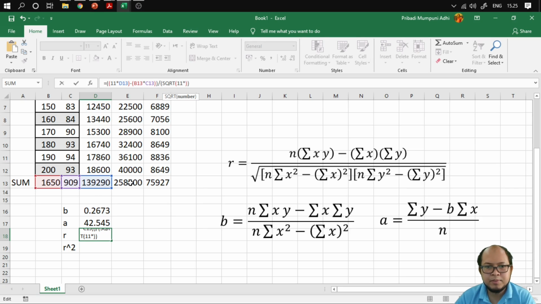So this one minus the square. Okay, need to put more brackets here, and this one n, 11, multiplied by sigma y square, this value, minus sigma y square.